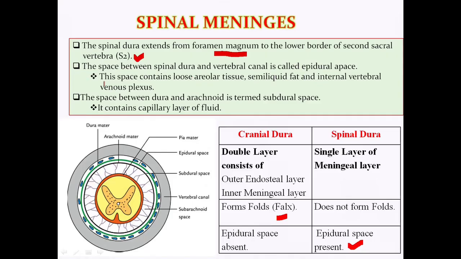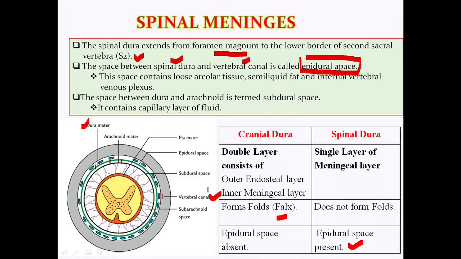Now the first term to be remembered is the space between the vertebral column, that is the vertebral canal, and the outermost layer of the spinal dura. It is called the epidural space. In this diagram you can identify the vertebral column, and try to see the first green colored lining area, the dura mater.